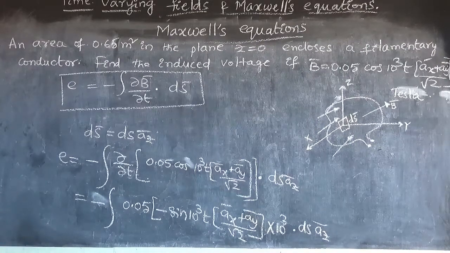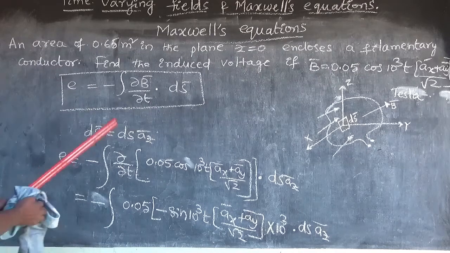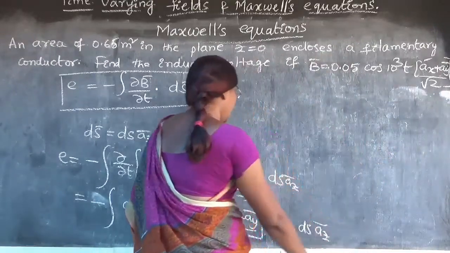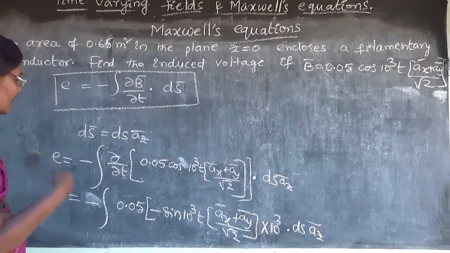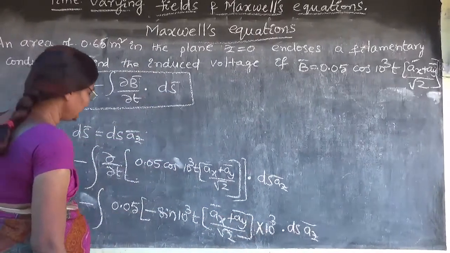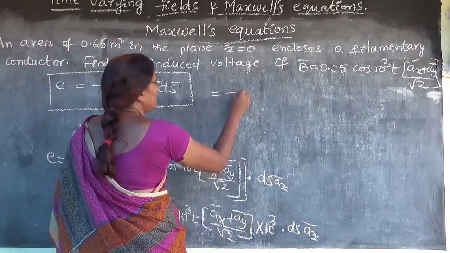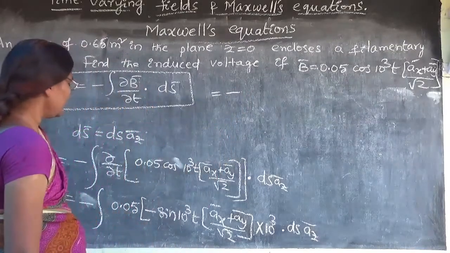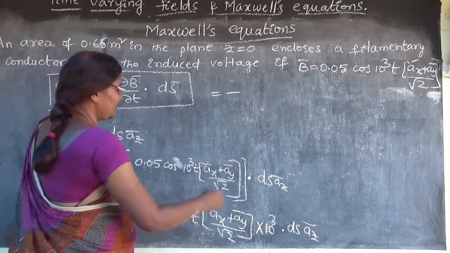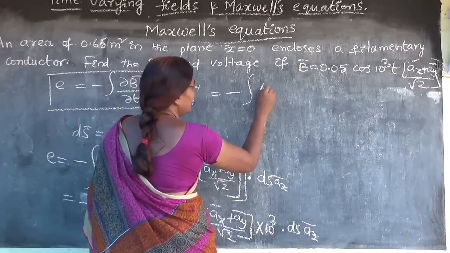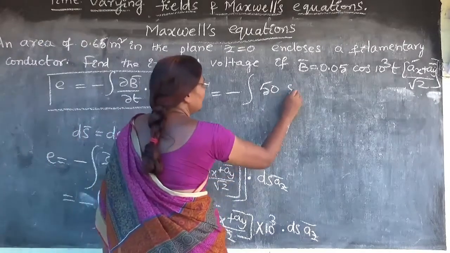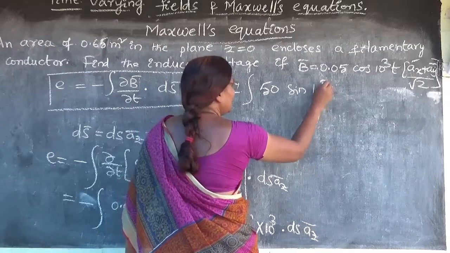Next I will rub the diagram. Now 10 cube into 0.05, writing it as 5 by 100, gives 50. So minus integral of 50 sin 10 cube t.